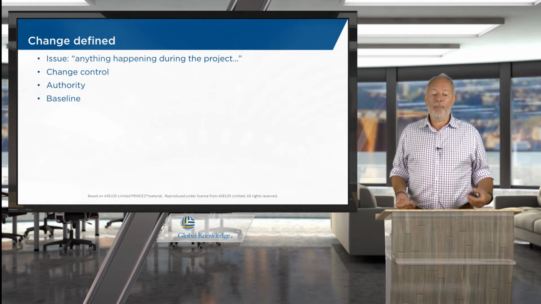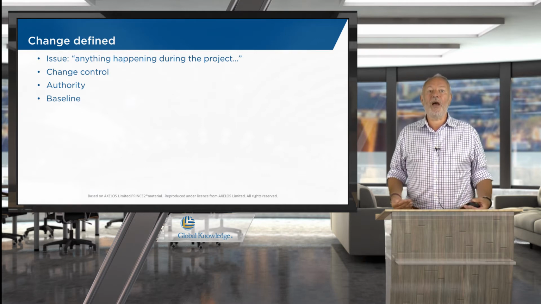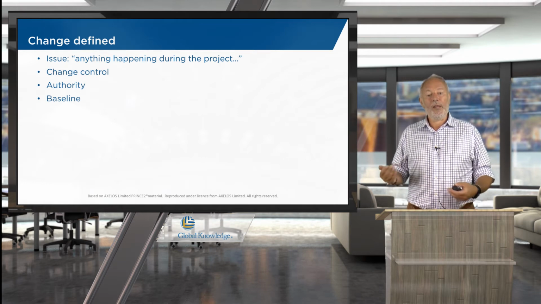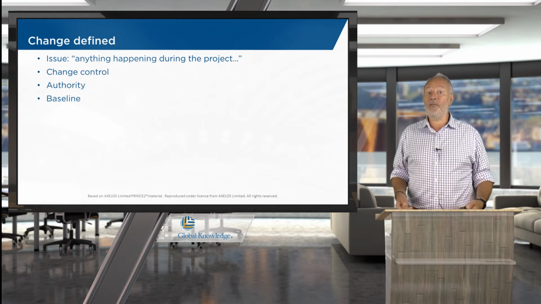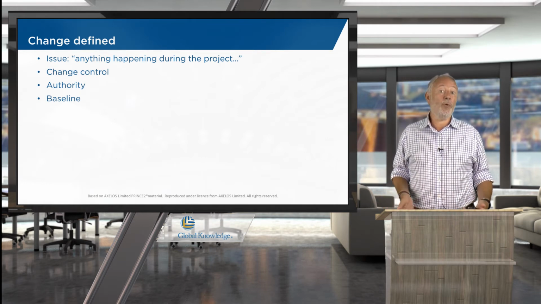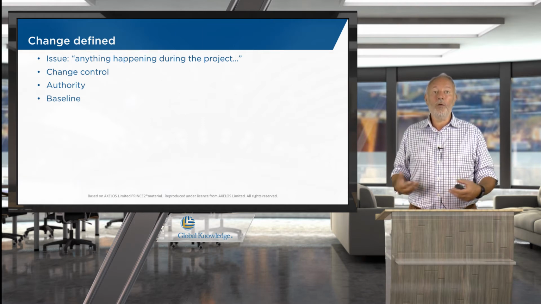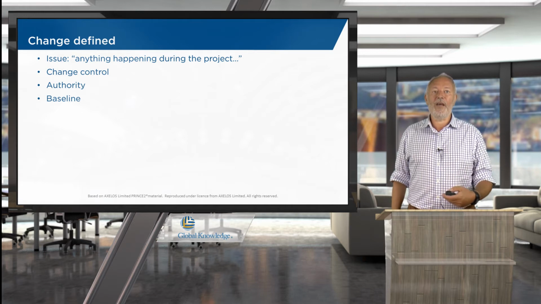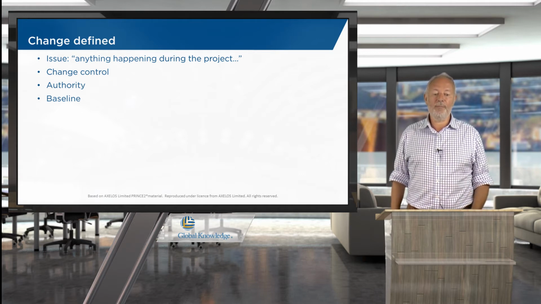Once the approval has been given, the baseline is going to change. So we re-baseline. Initially we will have baselines around, remember, time, cost, scope and quality, and one or more of those may change as a result of the change which has been introduced.